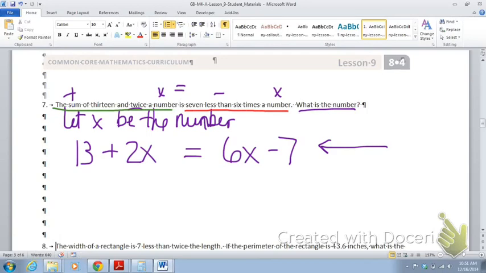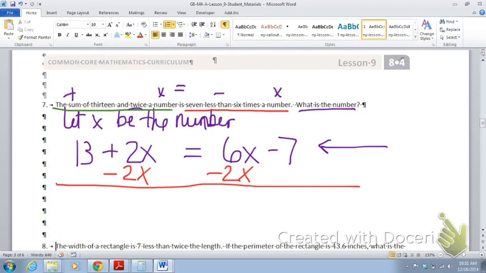Okay, so let's start solving that. I would like to start by getting the variable terms on one side. So I'm going to subtract those coefficients there and come up with, so over here, 2x minus 2x is 0, so I'm just left with 13.